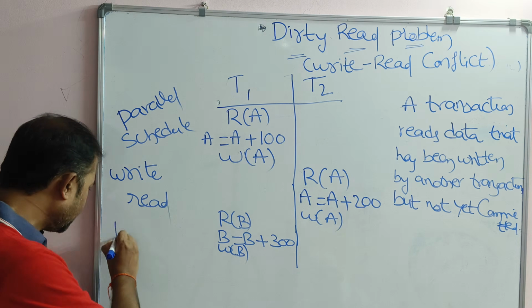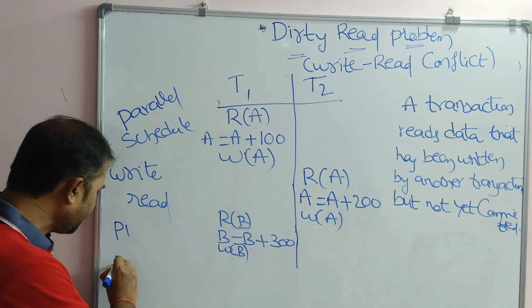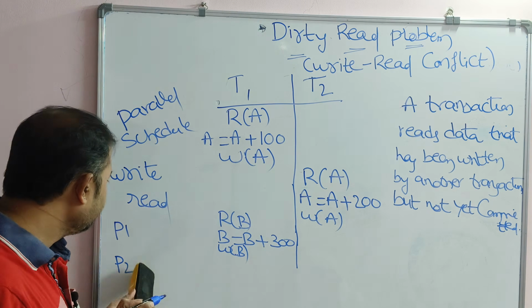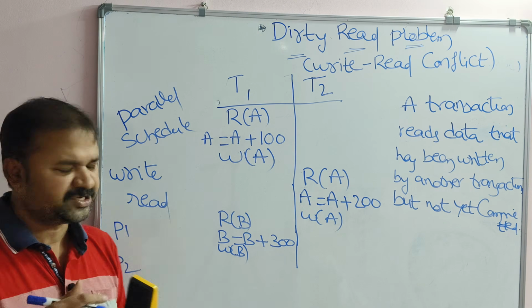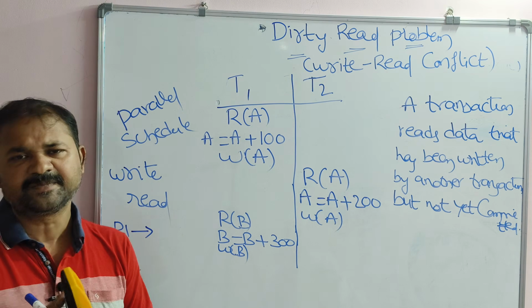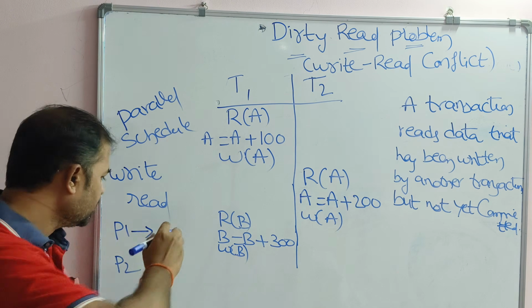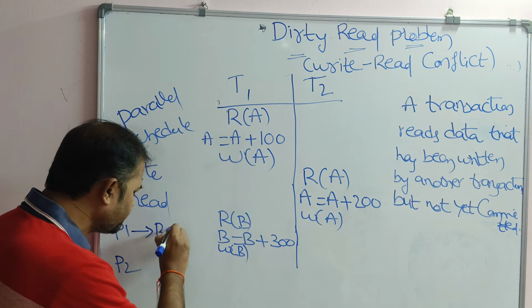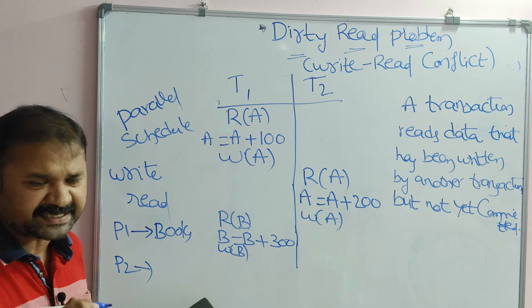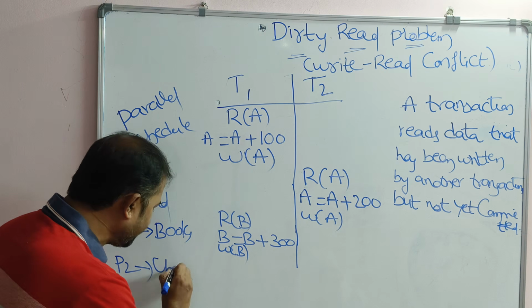Let us take two persons, P1 and P2. First we perform the write operation, then the read operation. Let P1 perform the write operation. Assume that P1 books a ticket on a website, and then P2 checks the availability of the tickets.